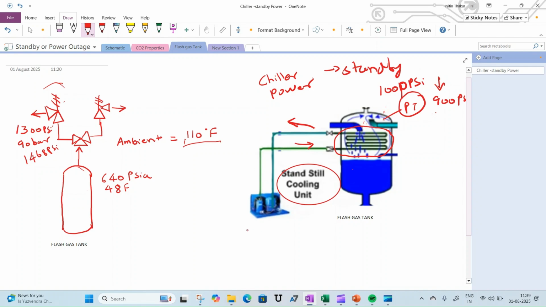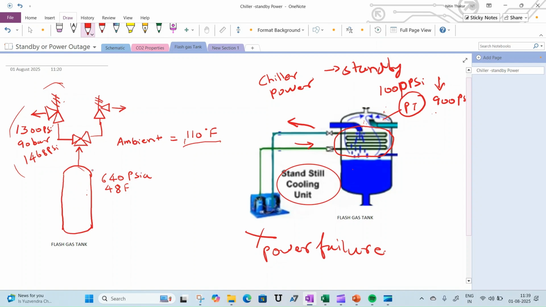This is not applicable when there is a power failure or a power outage. In that case, the relief valve is the only way we can maintain the pressure inside the flash gas tank. And in that case, we will have to top it up with some CO2 when we are starting up the system again.